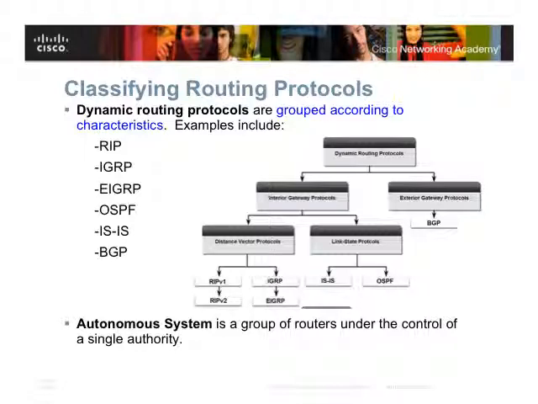So if we talk about dynamic routing protocols, they are used to exchange messages. But it becomes really prohibitive to exchange messages between all the routers on the internet. It cannot be done, because in the internet, we have millions and millions of routers.